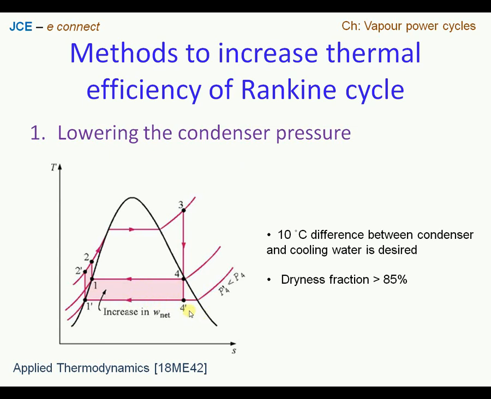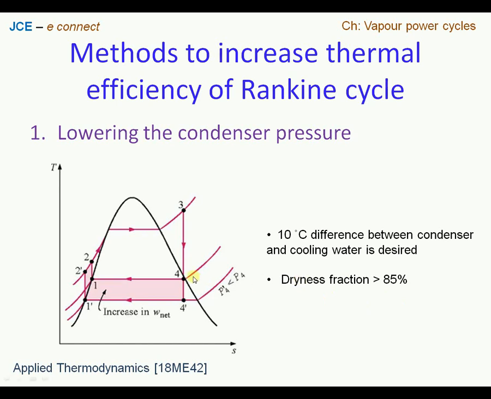The other problem is, we can see that point number 4 is almost near the dry saturated point, but because of the decrease in the condenser pressure, we saw that 4' has come into the saturation dome. That means the dryness fraction is taking values here. It is decreasing. And for practical purposes, usually it is not recommended for the dryness fraction to fall below 88% or 85%.